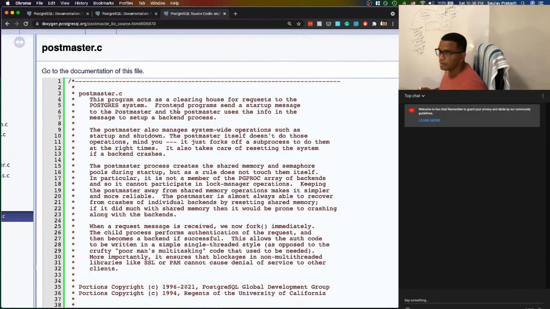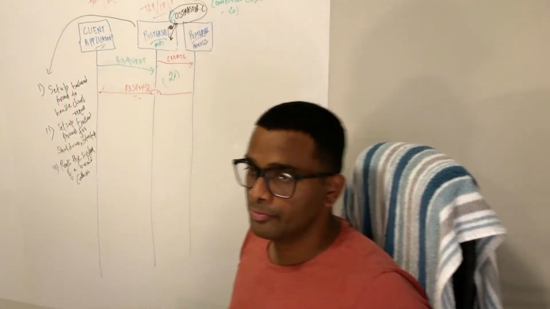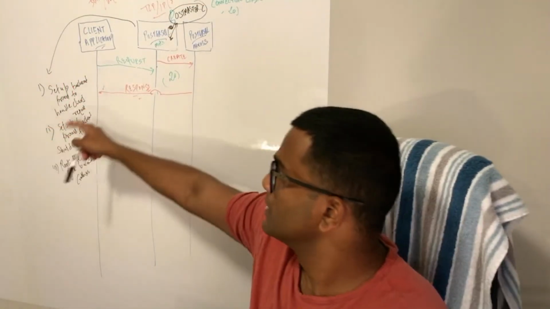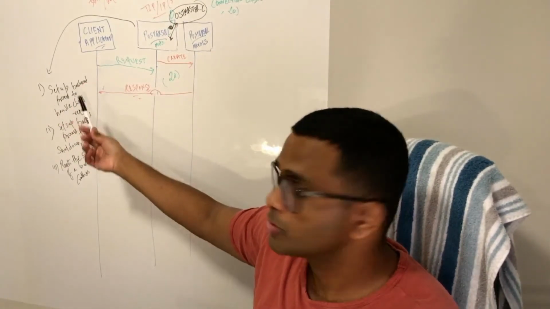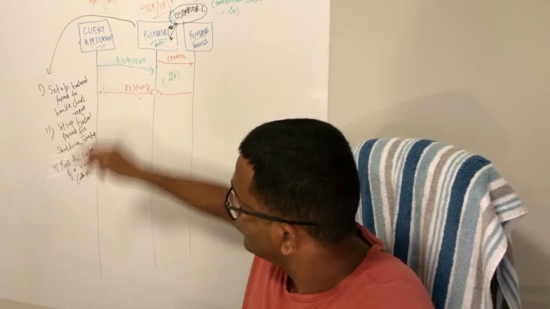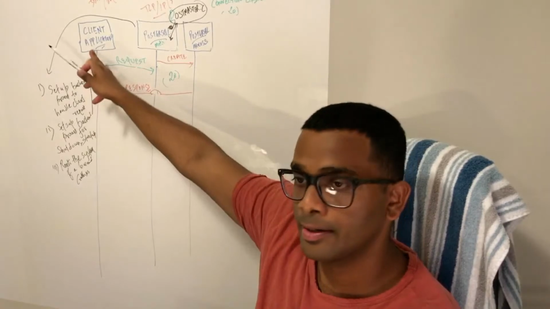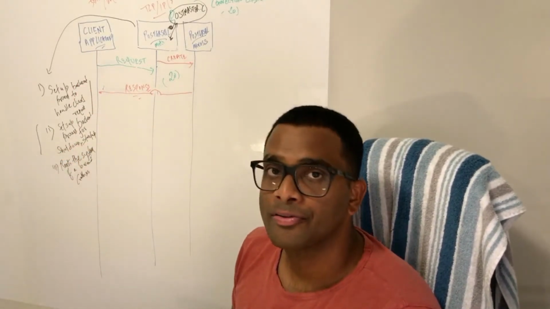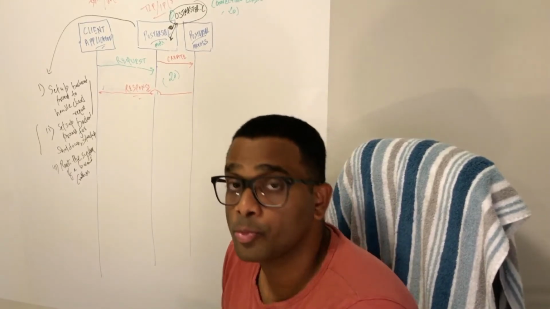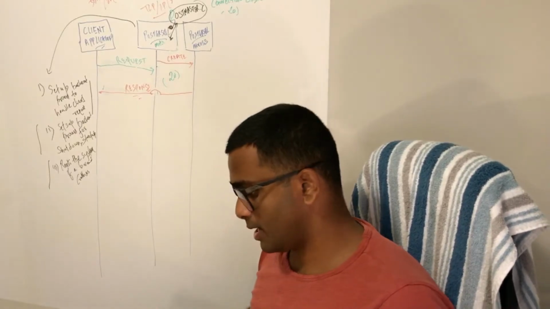My handwriting is so bad. Anyway, this is really good information. So postmaster.c is the one responsible for setting up the backend processes, spinning up the process that handles the client request, setting up the backend process for shutdown and startup of your PostgreSQL, and resetting the system if the backend crashes.